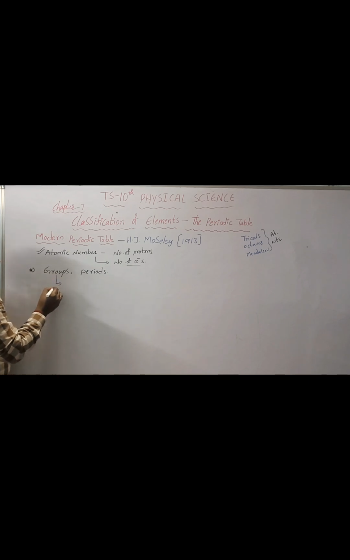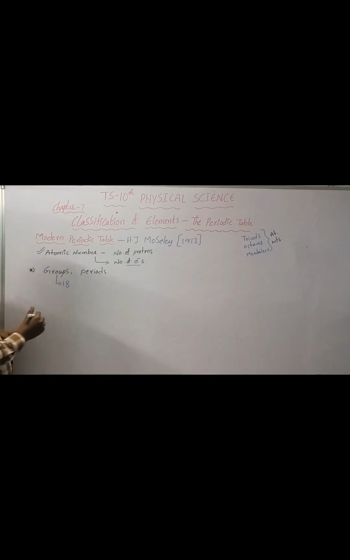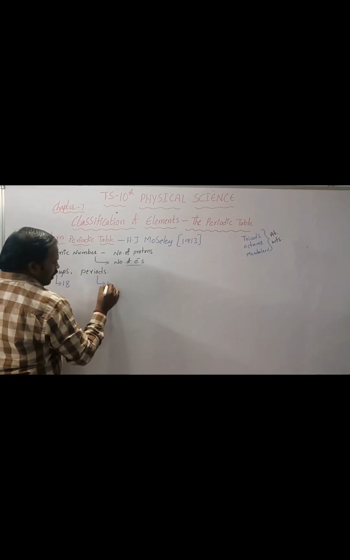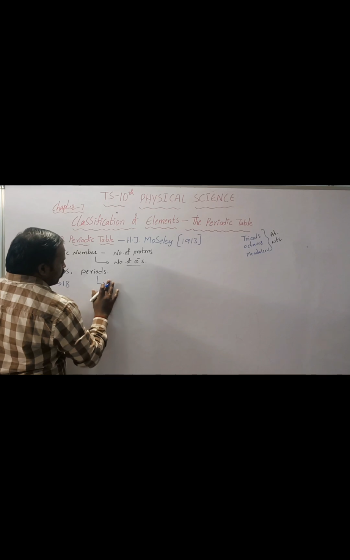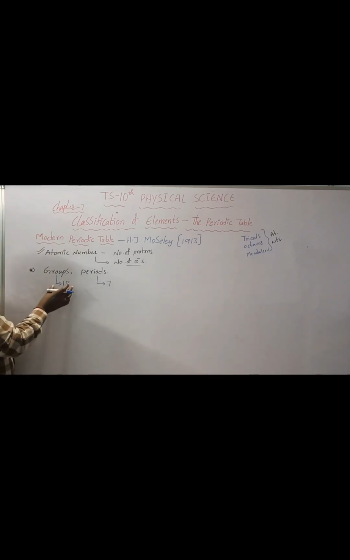Moseley considered every group as a separate group, and like that he took 18 groups. The same periods, that is 7 periods, he took. He took 7 periods and 18 groups.